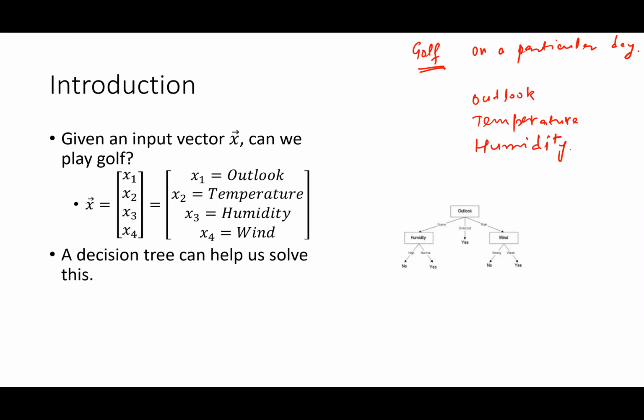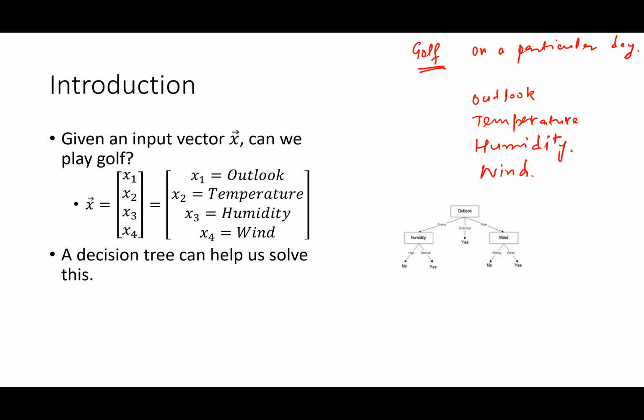If the conditions are too humid, there is much more likelihood of a person getting sweaty, and it might be difficult to play golf. But if the humidity is normal, then maybe he can play golf. Similarly, we can look at the wind. If the wind is too high, you can't play golf, but if it is low or weak, then maybe yes, we can play golf.